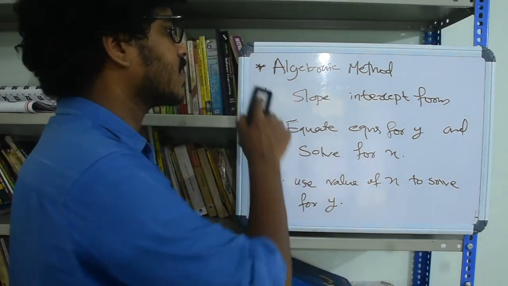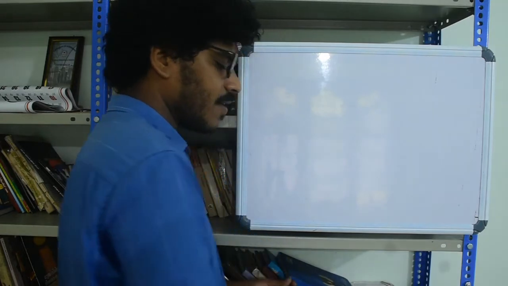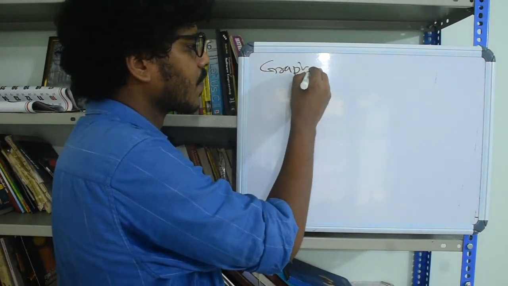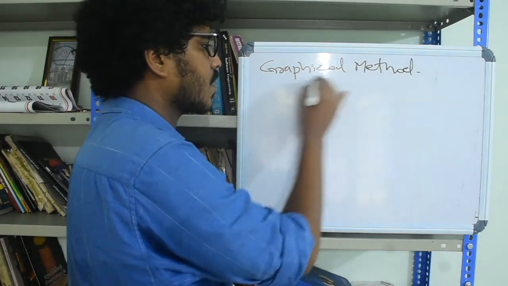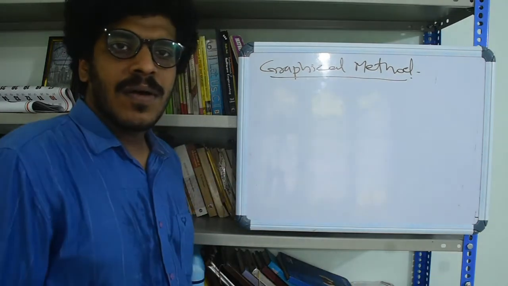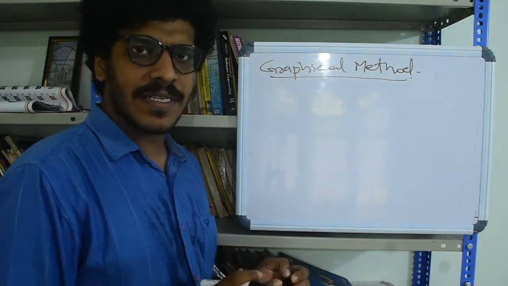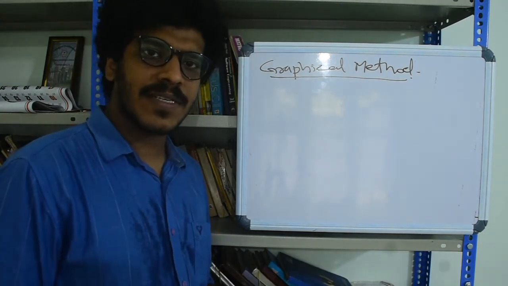So what is the other method? The other method is using graphs, or the graphical method. We have two linear equations, and we know how to graph those two linear equations.